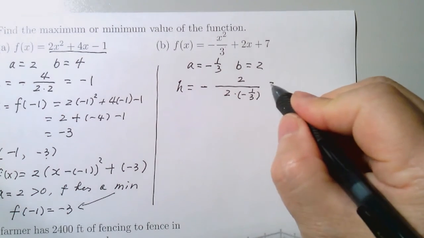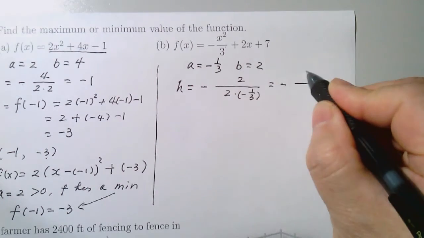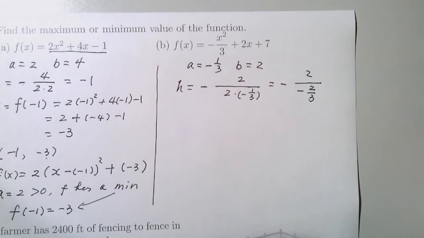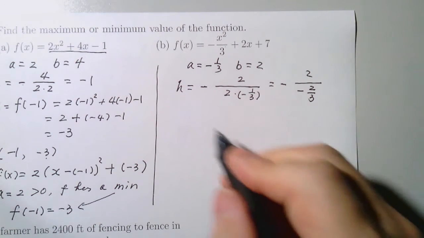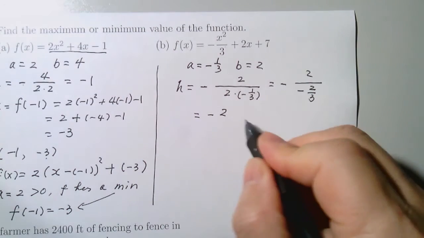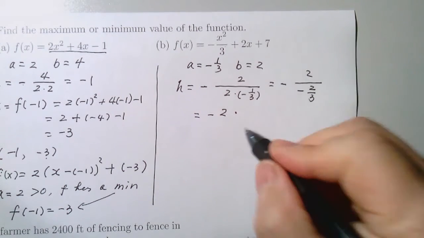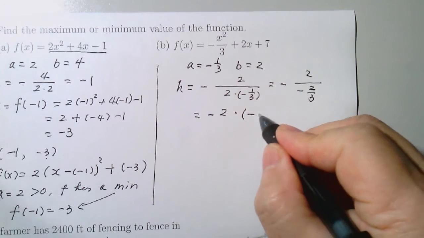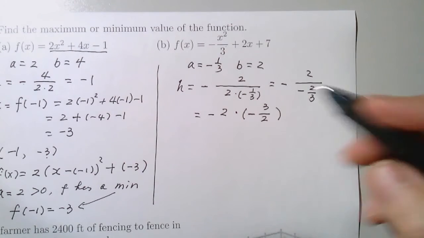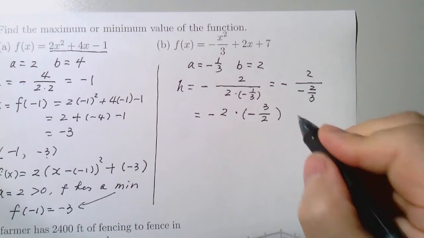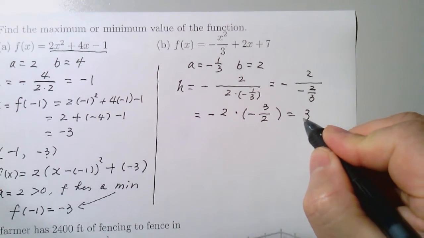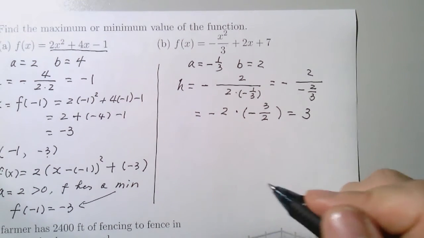Now you can see I have negative 2 divided by negative 2/3. Simplify this as negative 2 multiplied by the reciprocal, which is negative 3/2. Double negative becomes a positive, reduce 2, so you actually get 3 here. So h equals 3.